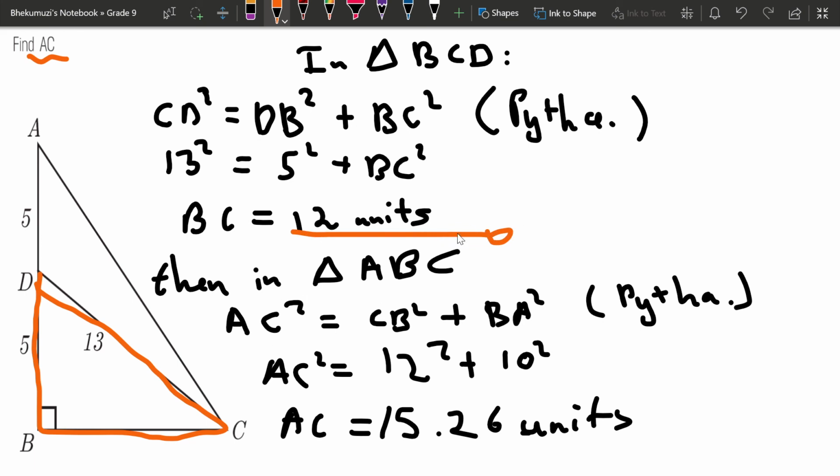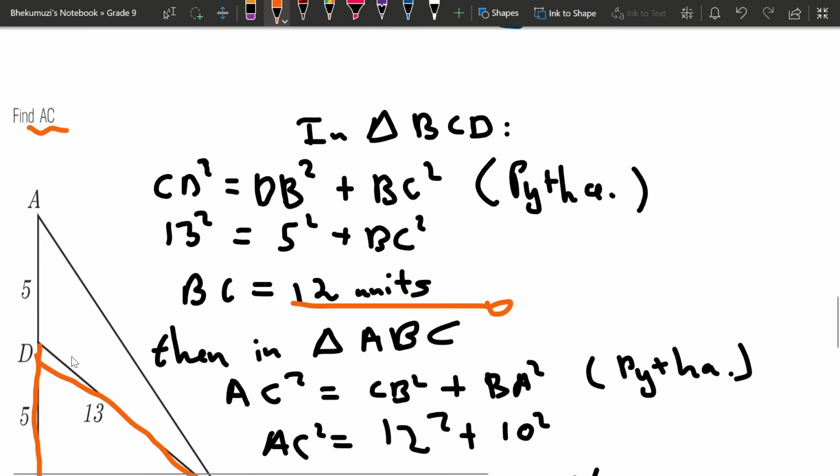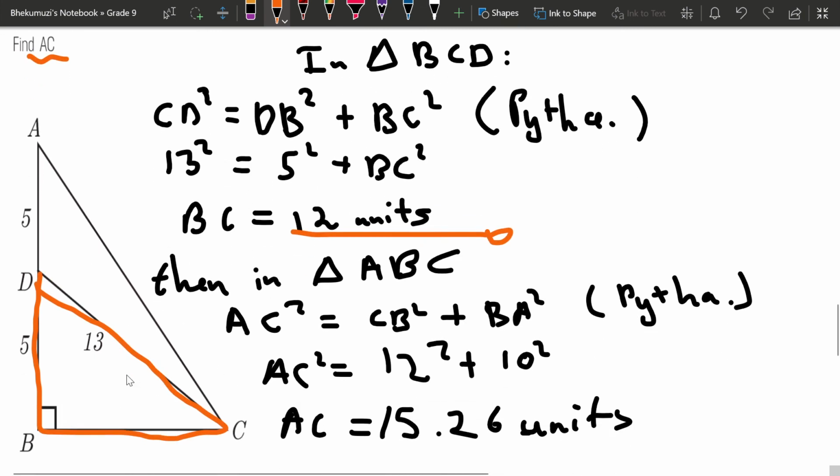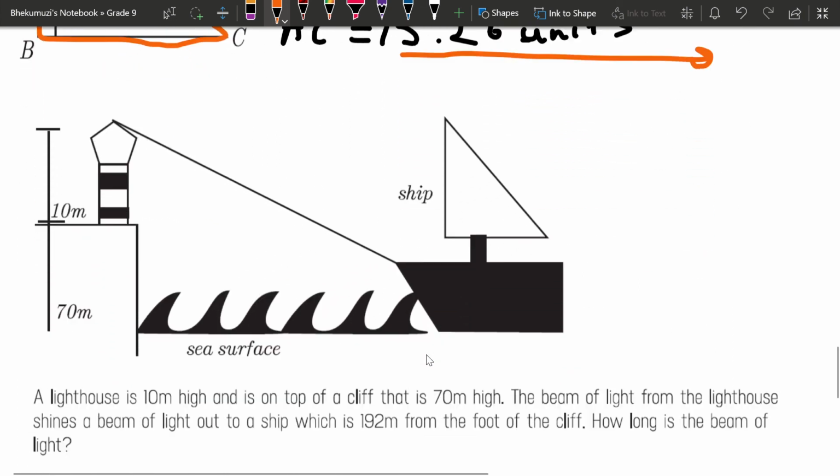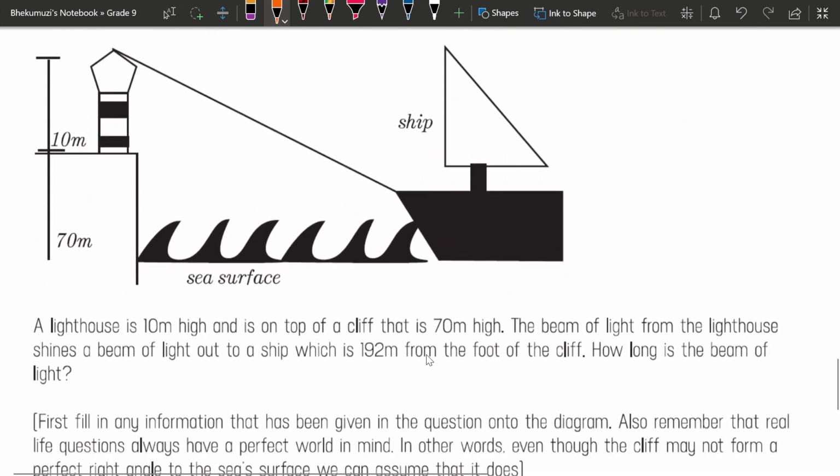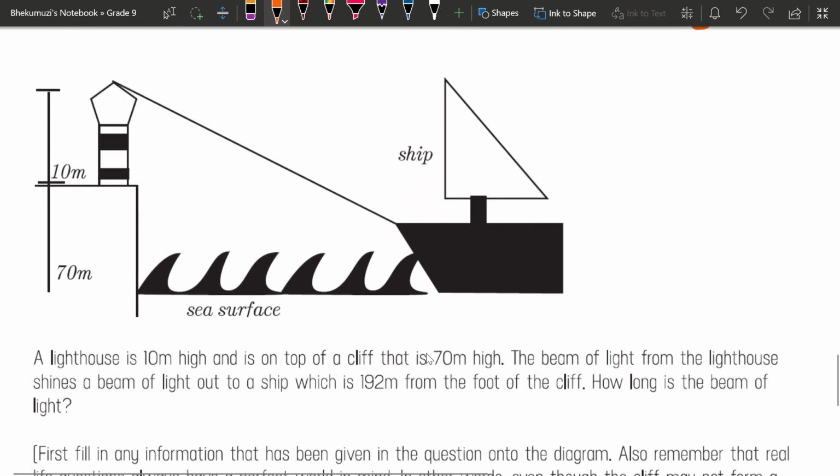And then since you've gotten that, you want to find your AC of the bigger triangle. But in the bigger triangle, notice that BA, or A to B, is 5 plus 5, which is 10, right? And then you already got CB, which is 12, and then you find that it is 15.24 units.